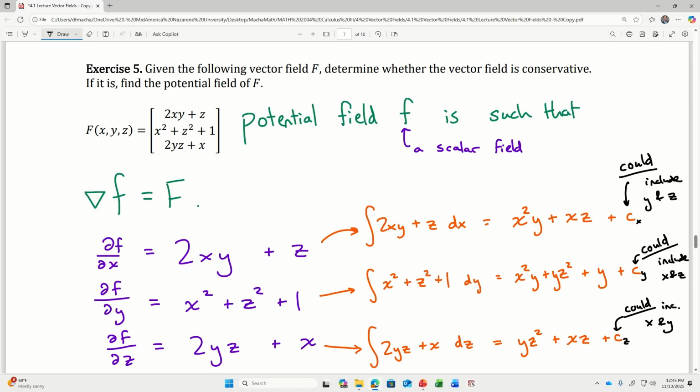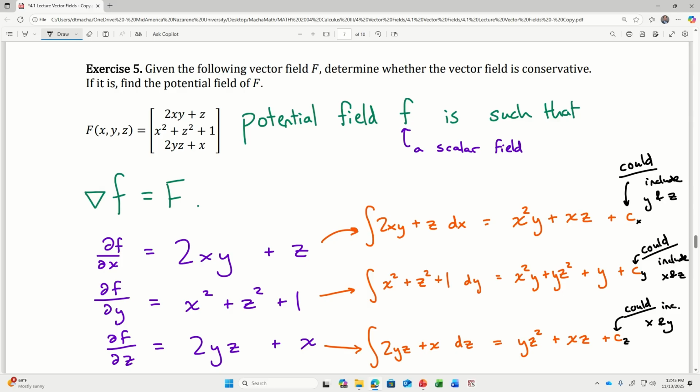And this one is saying, all right, my antiderivative is x squared y plus yz squared plus y plus, and this could just include x and z only. So like x times z. That would fit here as part of that constant. And then this is, of course, yz squared plus xz plus this little c is only talking about terms that include x and y only. So x squared y would actually belong right here.